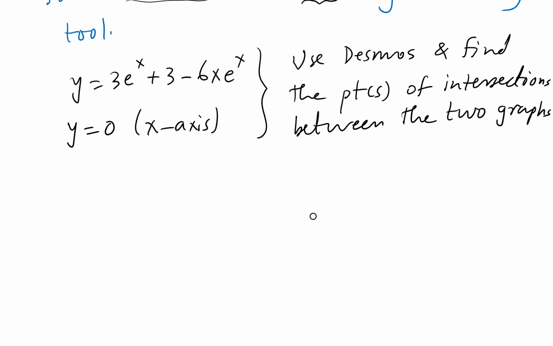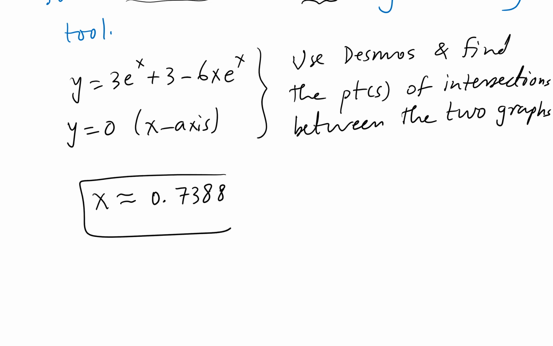And if you do so, I just found out that x is about 0.7388. You can click on that point on Desmos and it will give you the exact coordinates, both the x and the y. But we just need the x here because y is 0.